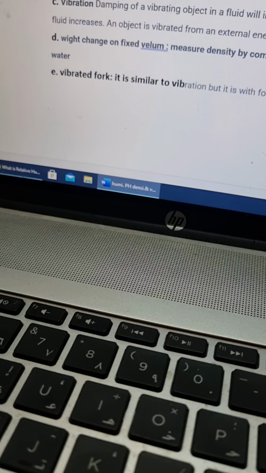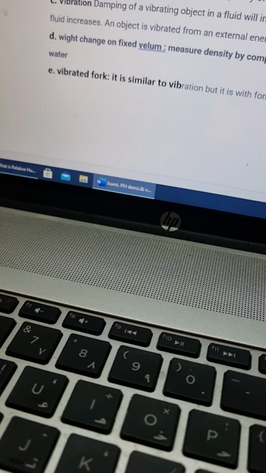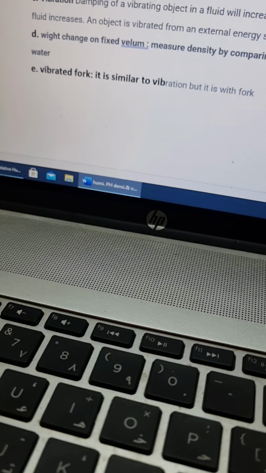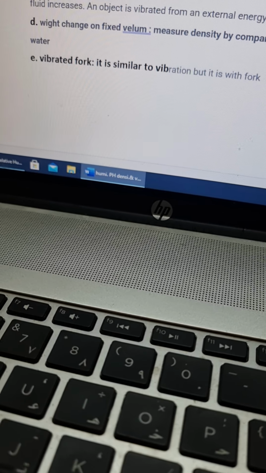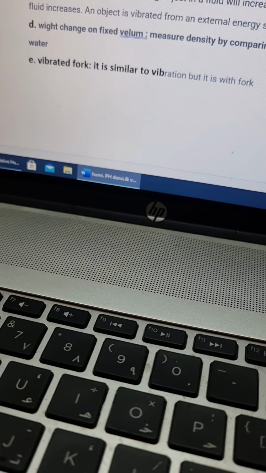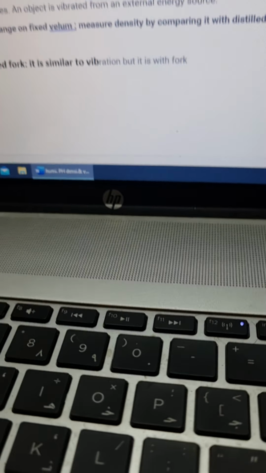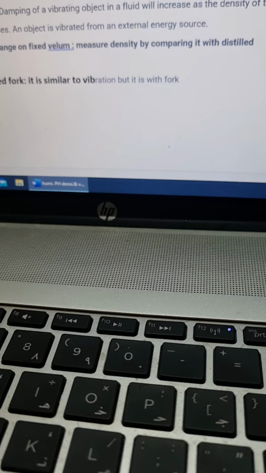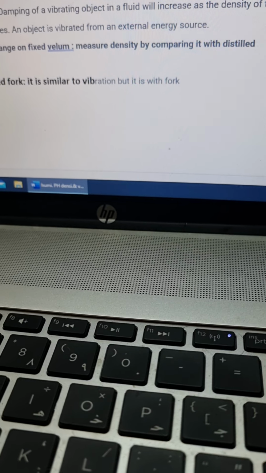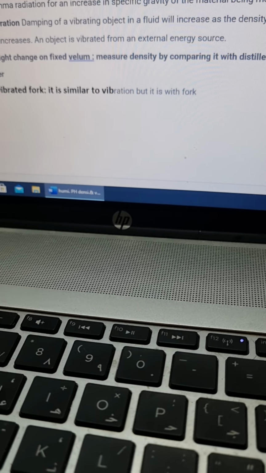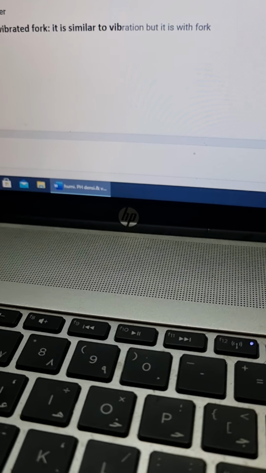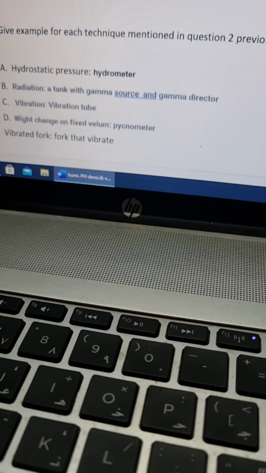Okay, weight change on fixed volume. Measure the density by comparing it to distilled water. And the vibrating fork, it's similar to vibration but with a fork. Okay, give an example.